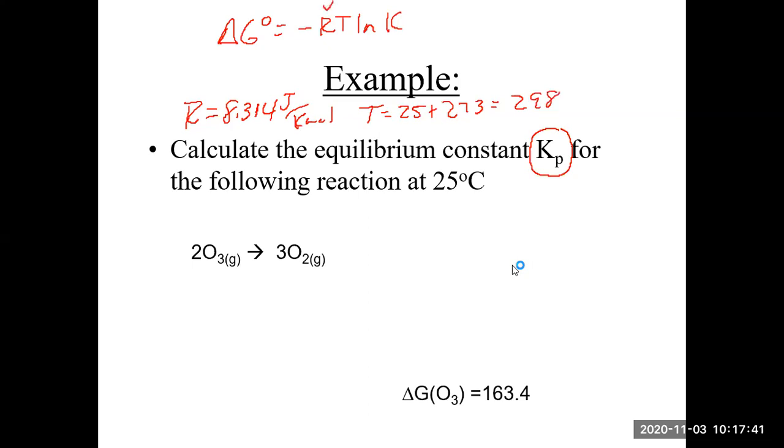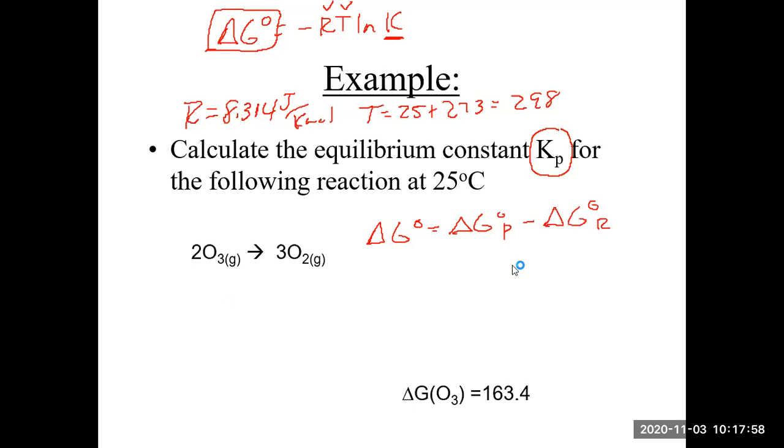So at this point, we do have R, we do have T, and we are looking for K. So we do need to actually find our delta G naught. Delta G naught would come from the table, products minus reactants.